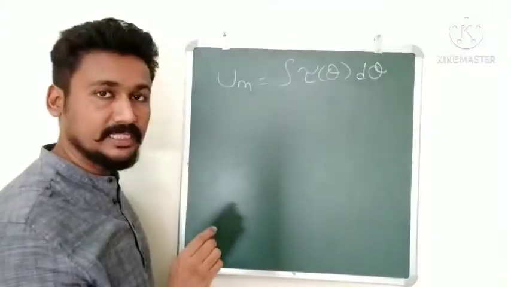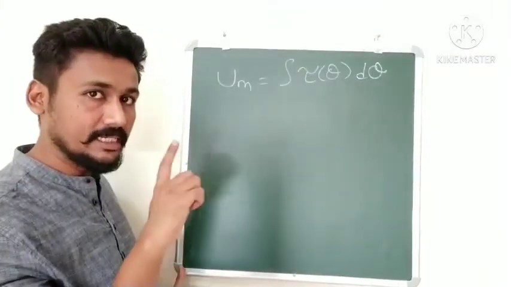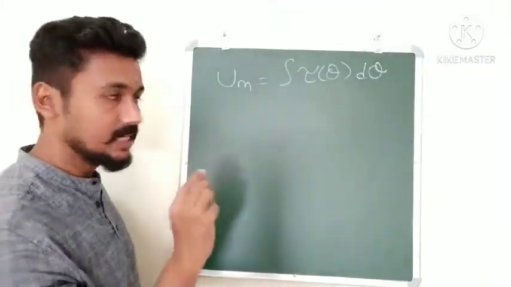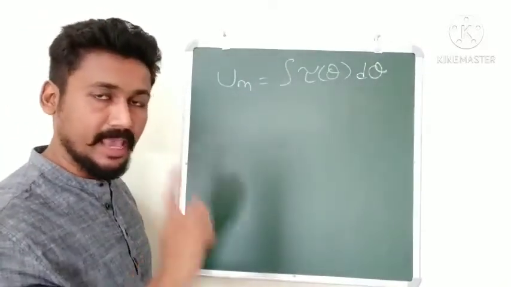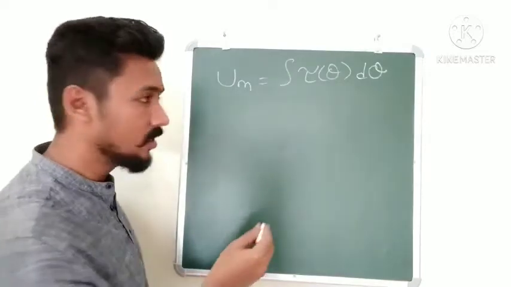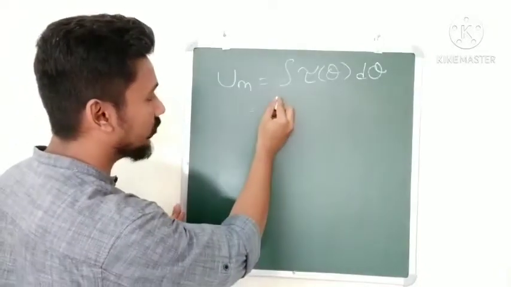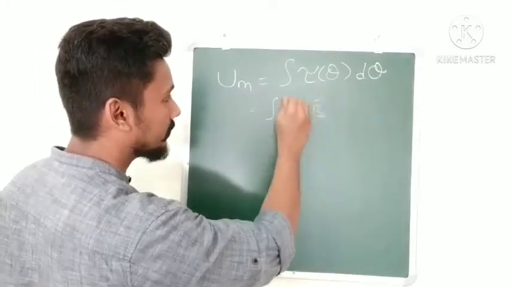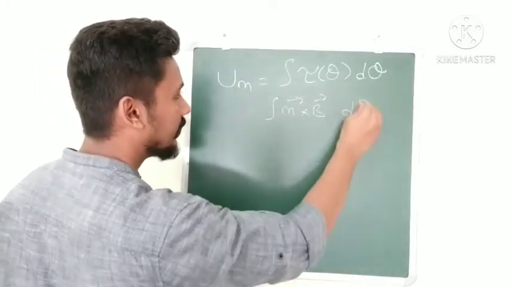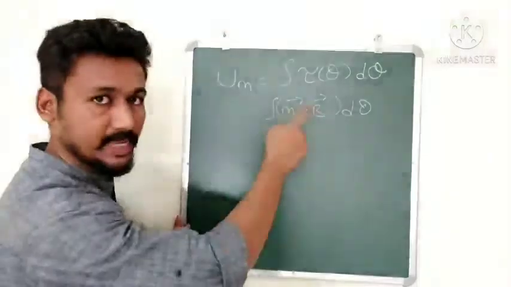Here theta represents the deflection of that needle, by what angle it has been deflected. We know torque is given by M cross B, where M is the magnetic moment and B is the magnetic field. So we get integral of M cross B d theta. M cross B is nothing but MB sin theta.